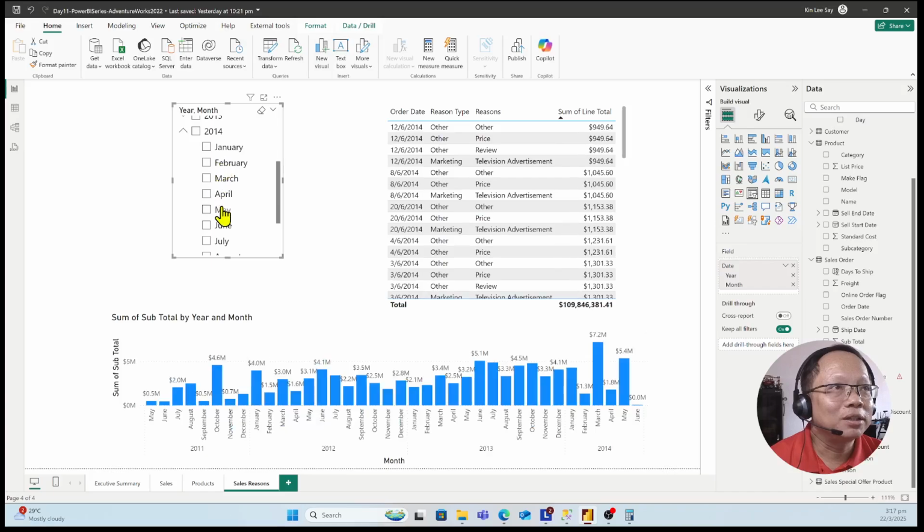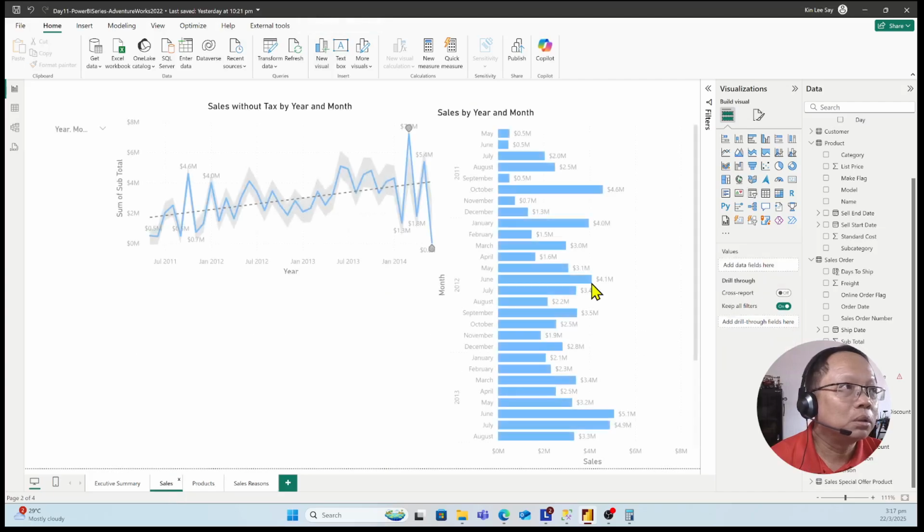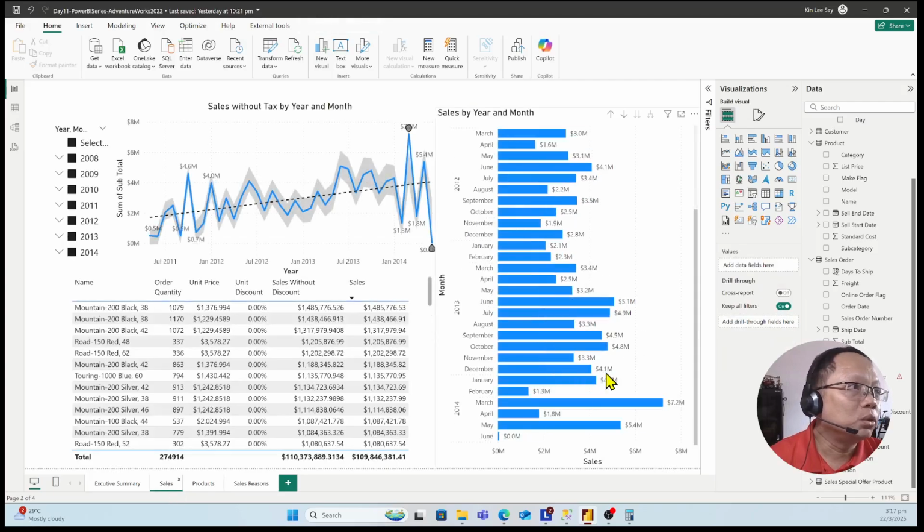Let's select only March. So March is 2014, let me double confirm. So we know that the company made the highest sales. There's a spike of 7.2 million here in March.